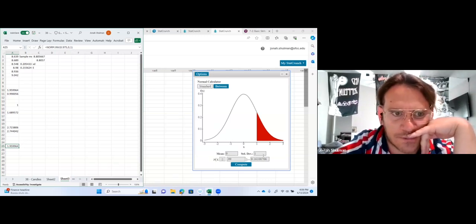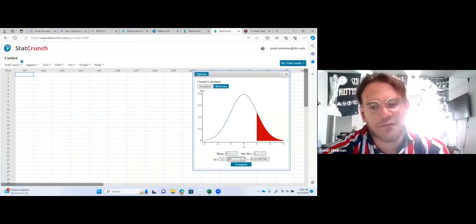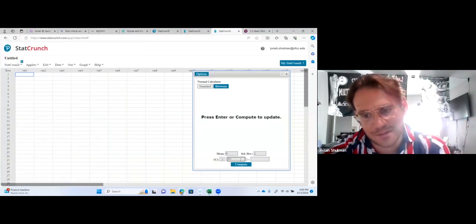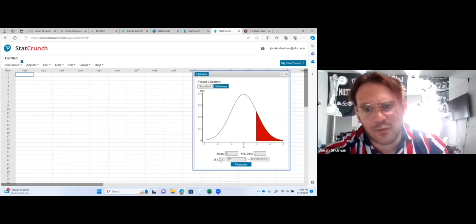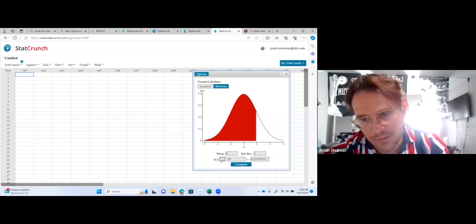Oh, because it's 0.95. We want it the other way because it's always to the left of it.